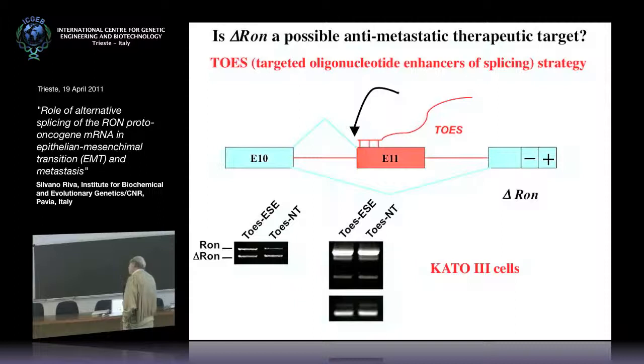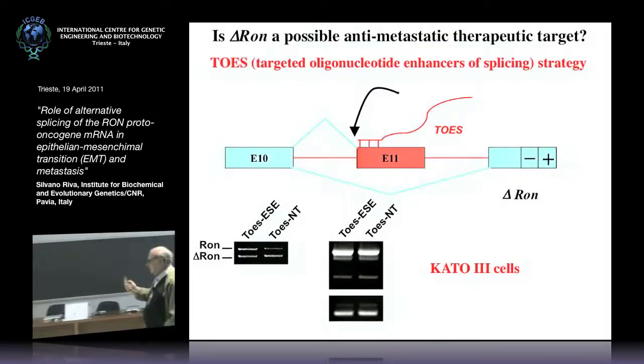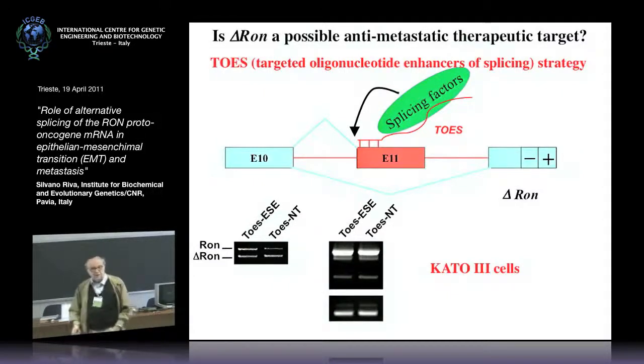Another approach is more interesting. It's called the targeted oligonucleotide enhancers of splicing strategy. So what are these? Instead of blocking this site, you have a bipartite oligonucleotide which has a region that hybridizes to the exon, and then it has a tail that is designed to bind a splicing factor, in this case SF2.